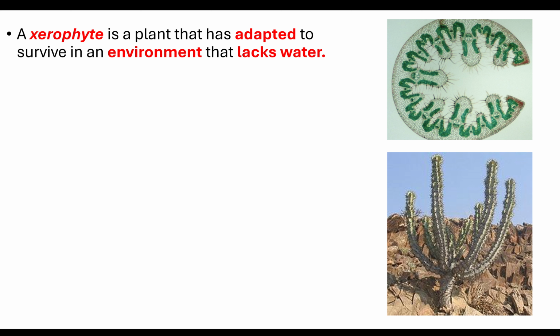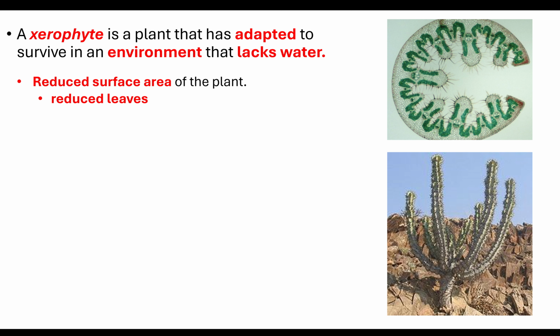So the first thing that plants do when they are trying to ensure they don't lose too much water through the process of transpiration is they reduce their surface area. By reducing the surface area of the plant, there's going to be less exposure to the environment and therefore less water being lost. They can do that in a number of ways.